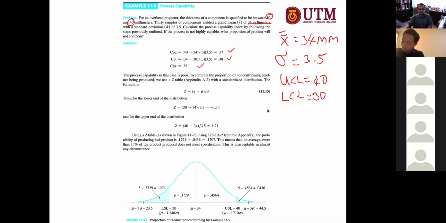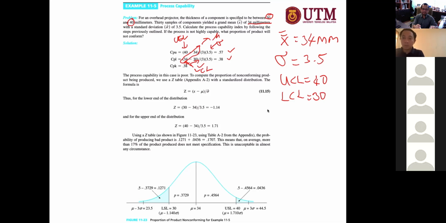Can you understand? This is your upper limit. Sorry, your lower limit is this one. And this is your mean and standard deviation. You put them into the formula.